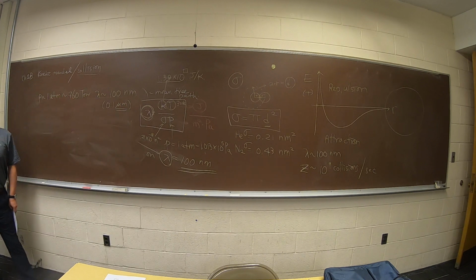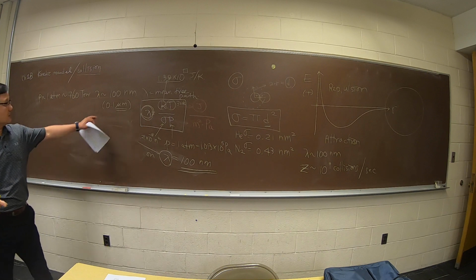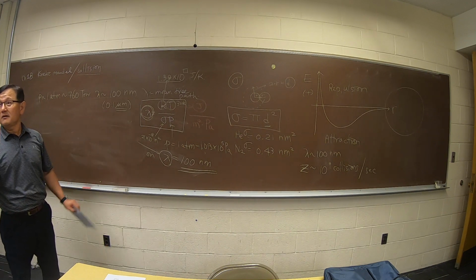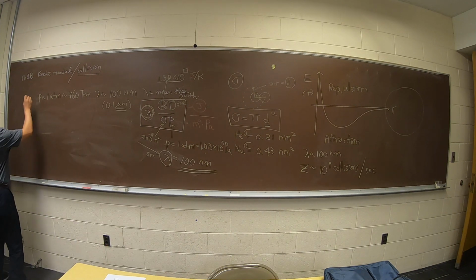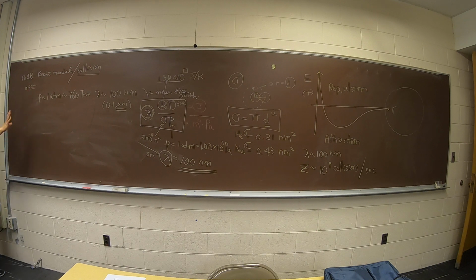And one good standard, your hair is about 100 microns thick. Okay? So this distance is very, very small. But still, like I said, the molecule itself is about 0.5 nanometers, so it's still quite a distance.